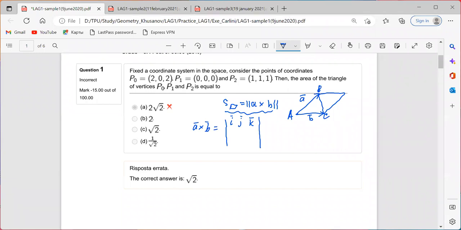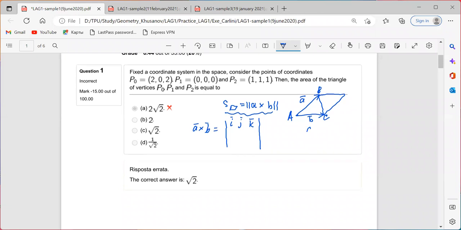Now you see we have three-dimensional space because each of these points consists of three coordinates, P0, P1, and P2. So we can consider vector A, which will be from this P0. B will be the P1 point, and the C point will be the P2 point.